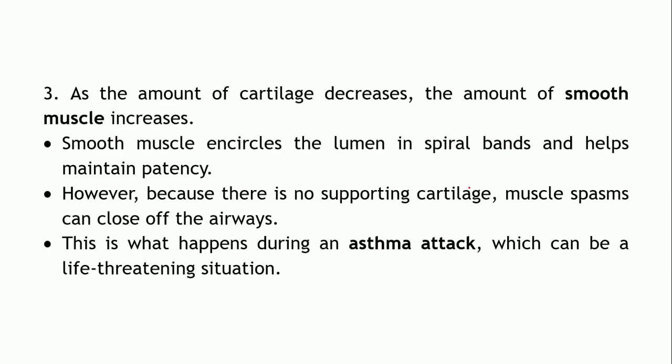And the third type of change which is seen is in the amount of smooth muscle. As the amount of cartilage decreases, the amount of smooth muscle goes on increasing. These smooth muscles encircle the lumen of these tubules.